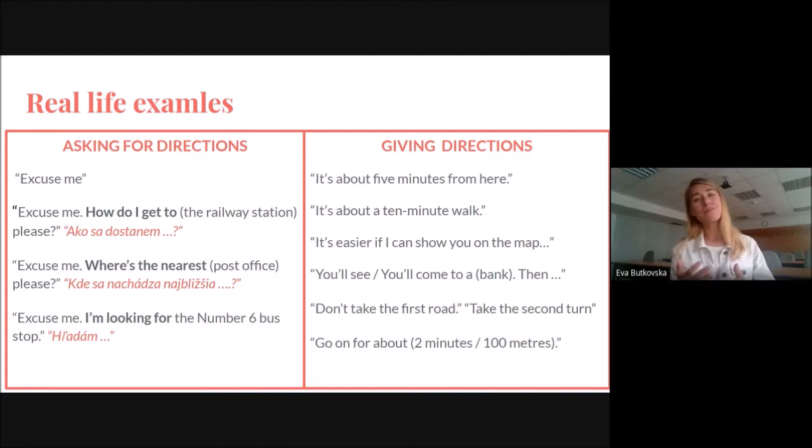And the opposite situation is when you are giving directions. So imagine you're a local person and some tourists ask you for directions. You can just simply give the directions using the prepositions of directions we already talked about. And you can add simple sentences such as, it's about 5 minutes from here, or it is about a 10-minute walk from here.